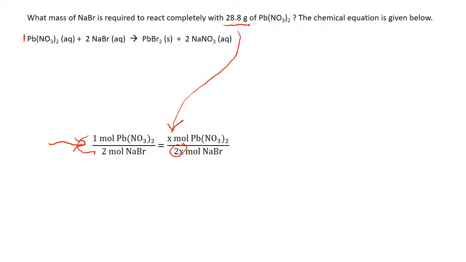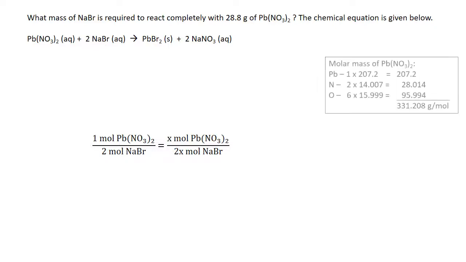Now, to get that mass to mole conversion to happen, we're going to use the molar mass of lead nitrate, so we'll develop that over here. In each formula unit of lead nitrate, there's 1 atom of lead, so we'll multiply 1 times the 207.2 grams per mole in the periodic table for lead. For nitrogen, there's 1 atom of nitrogen, but times 2, since we have 2 nitrate units. So we'll multiply 2 times the molar mass of nitrogen from the periodic table.